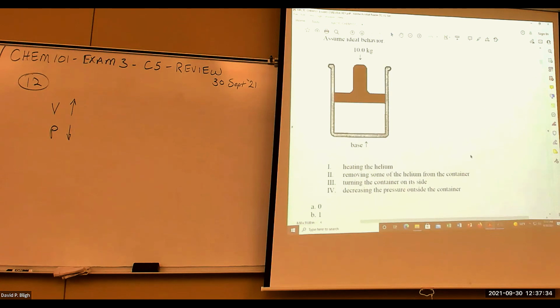So what happens when we heat the helium? Will the volume increase? Well, yeah. According to Charles, it will. So it meets this condition. How about the pressure? What happens to the pressure? Nothing. Because it's under this constant weight right here, plus atmospheric.